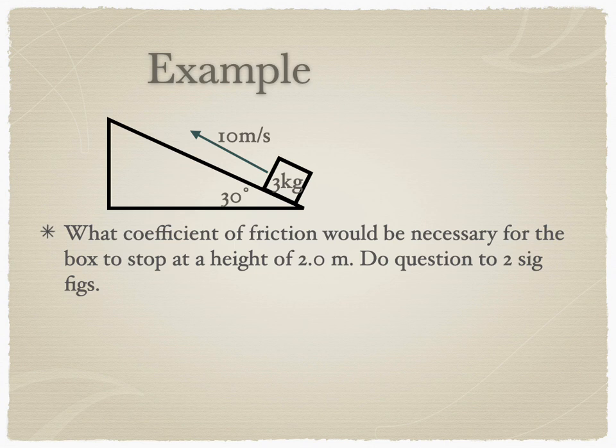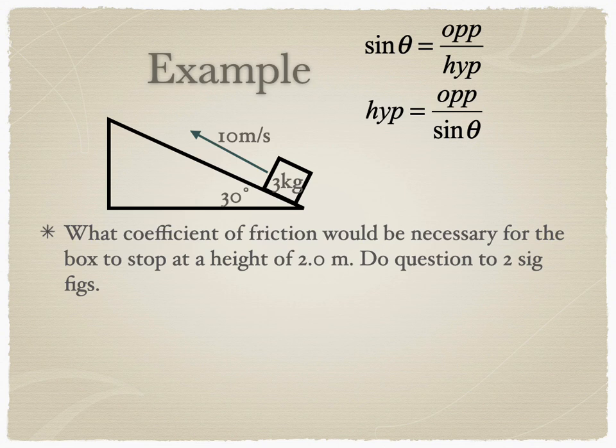So we'd use sine, which is opposite over hypotenuse. Rearranging that equation, we get our hypotenuse is equal to opposite over sine of our angle. So we have 2 divided by sine 30, which gives us a hypotenuse of 4 meters.